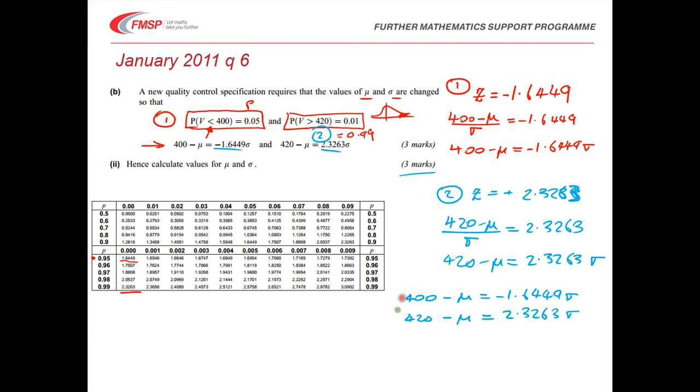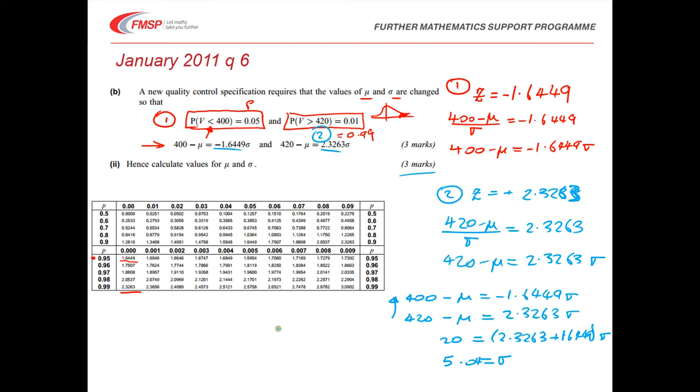So if we consider subtracting, that's going to give me 20 is equal to these two values subtracted from each other. Okay, so if we subtract them, it's going to give me 2.3263 plus 1.6449 sigma. So we can work that through by dividing, and that's going to give me a value of 5.04.